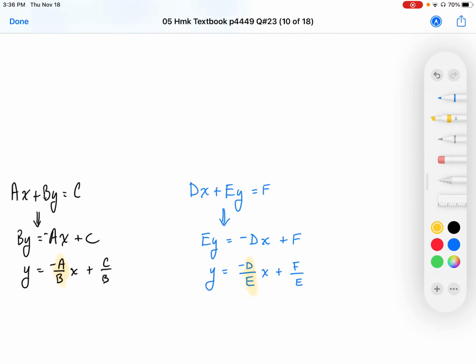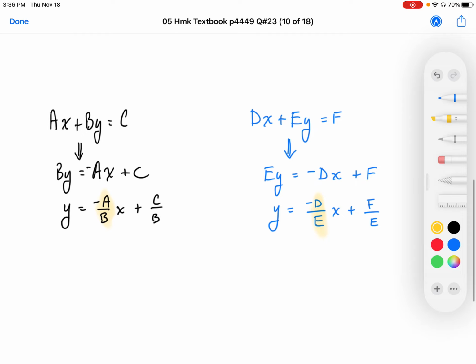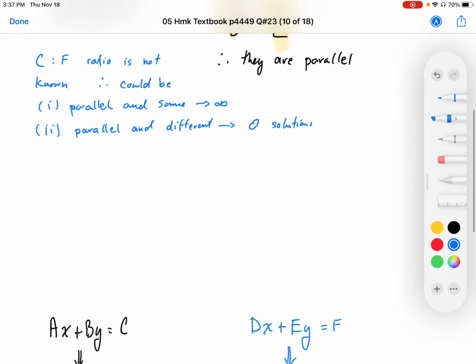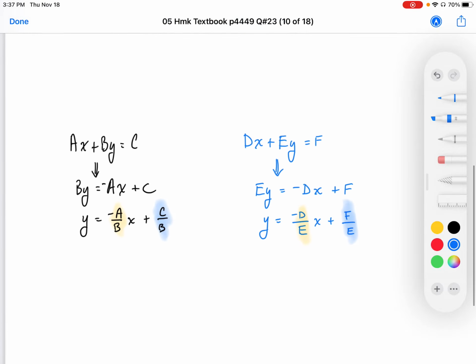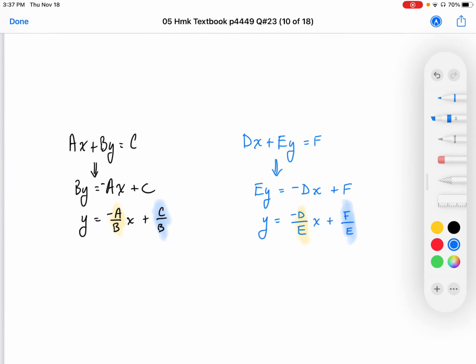So these two lines are in fact parallel, so we know that they can't have one solution. What we don't know, though, is if C over B and F over E are the same or different, if they give us the same y-intercept or different y-intercept. So again, we can't conclude that it's infinite or 0. We just know that they are parallel and either infinite solutions or 0 solutions.